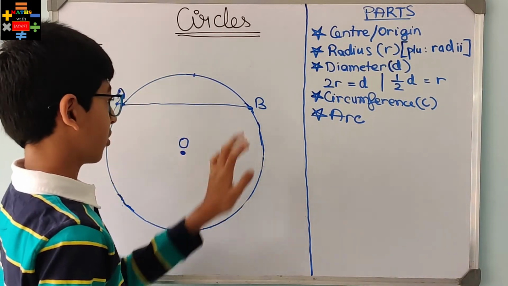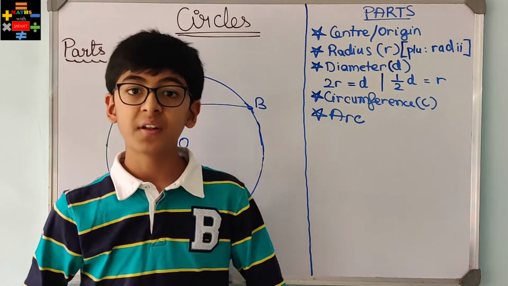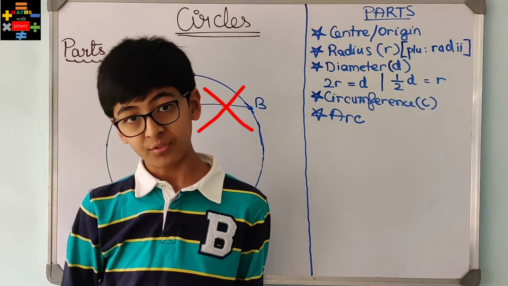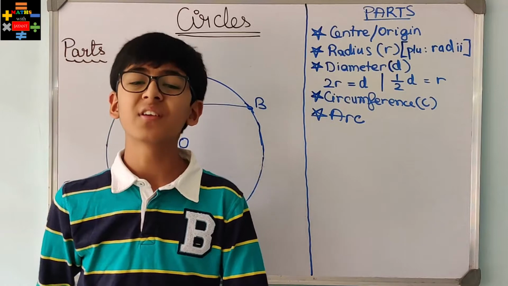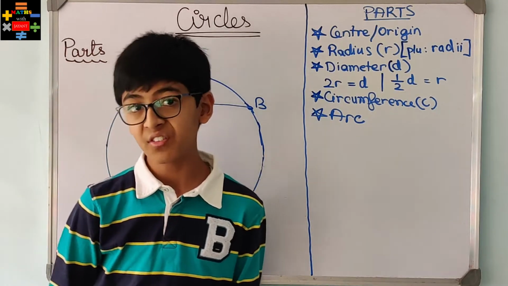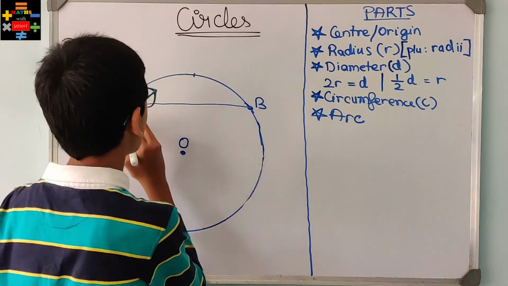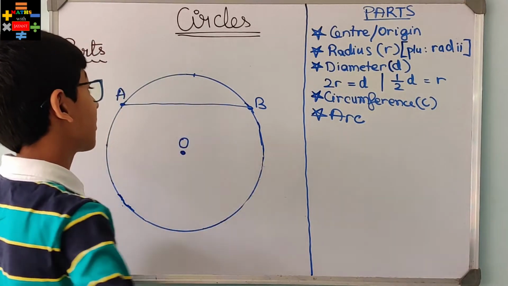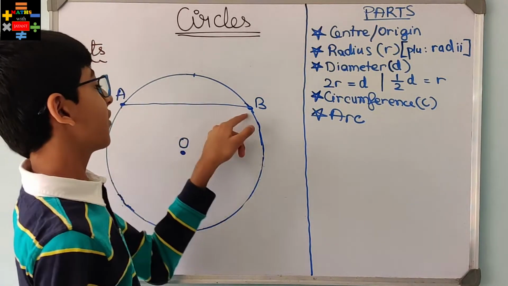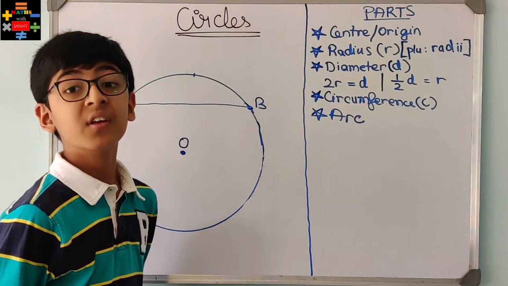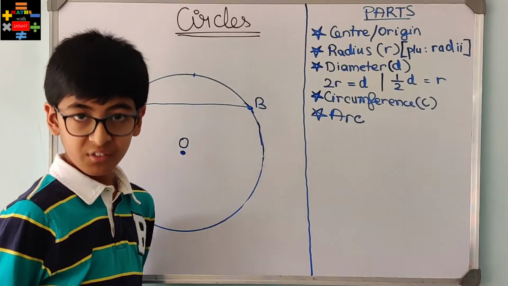Is this line called the diameter of the circle? No, this is not the diameter of the circle. Why? You might say it is connecting 2 points. Yes, it is connecting 2 points, I also won't say wrong. But it is not passing through the center of the circle. Therefore, this is not called the diameter of the circle.